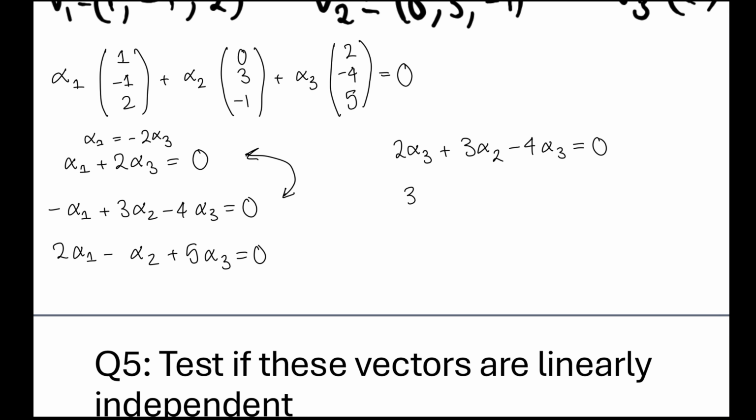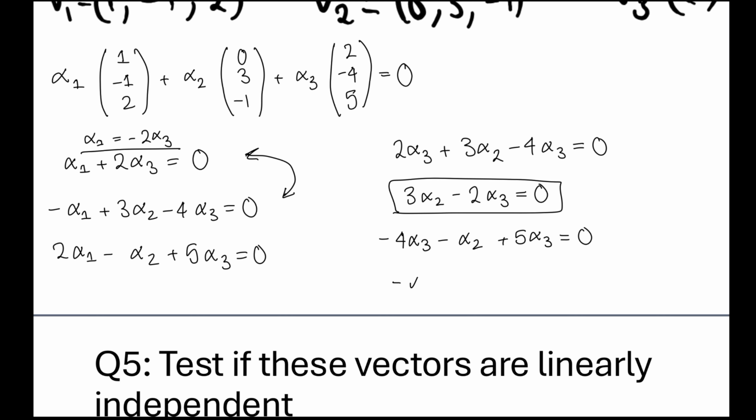This gives us 3 alpha 2 minus 2 alpha 3 is equal to 0. Subbing this equation into this last one, we get minus 4 alpha 3 minus alpha 2 plus 5 alpha 3 is equal to 0. So this gives us minus alpha 2 plus alpha 3 is equal to 0.